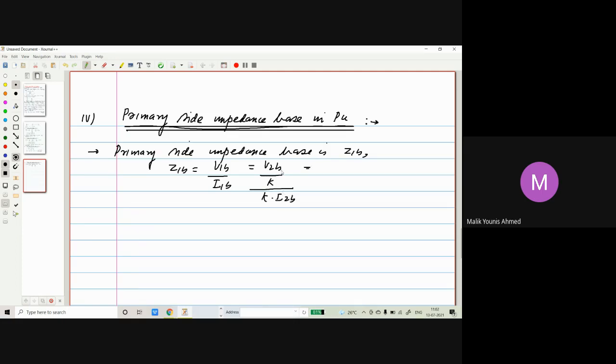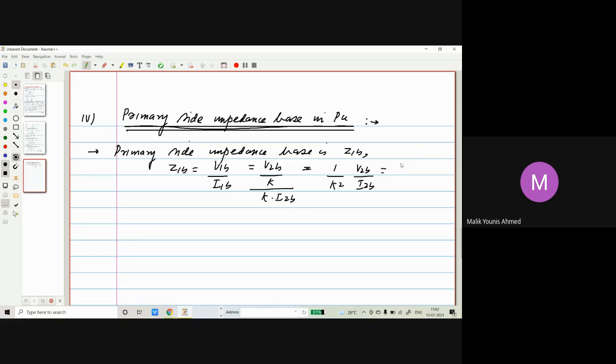So here, this expression is further equal to 1 by K square. You can bring this K here, it is in the denominator, so it will become 1 upon K into I2B, and this will become V2B divided by I2B. Now, V2B by I2B is what? Z2B.